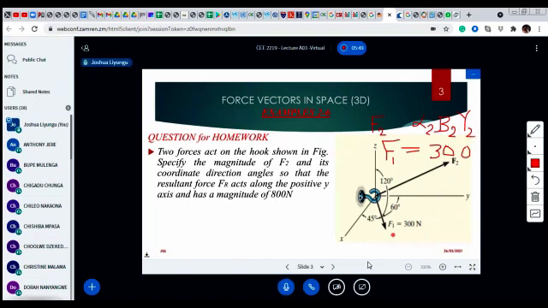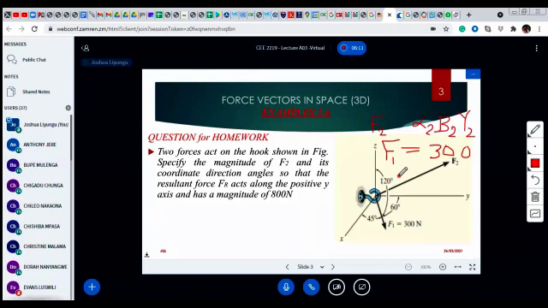So the 45 will be alpha 1, the 60 degrees will be beta 1, and the 120 degrees will be gamma 1.